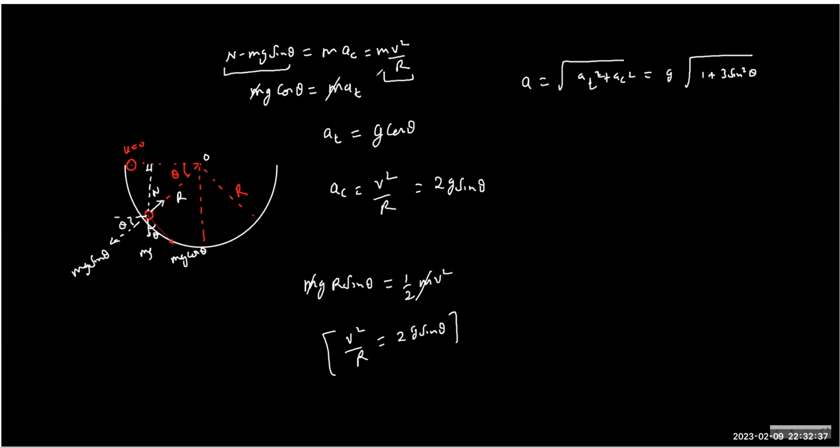And now comes a very interesting question from the JEE. If I have a pendulum and there is a bob, as it comes down at some angle theta, it will have two axes, right?